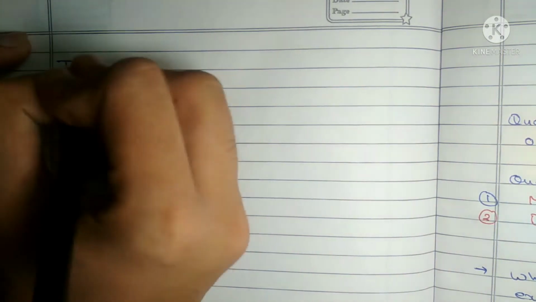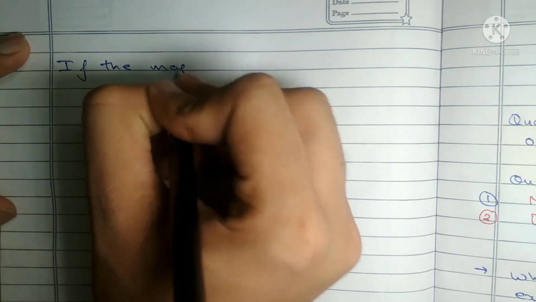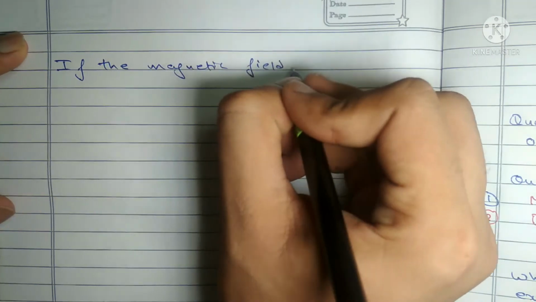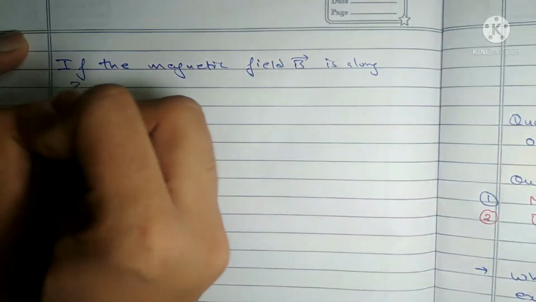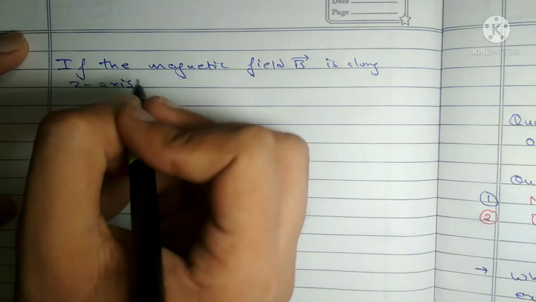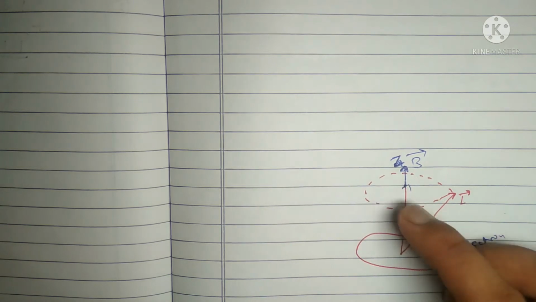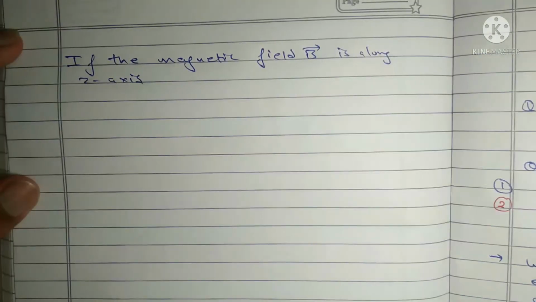Now, if the magnetic field B is along the z-axis, that is in the direction of the magnetic field B, or we can say B is along the z-axis, that is the same thing.